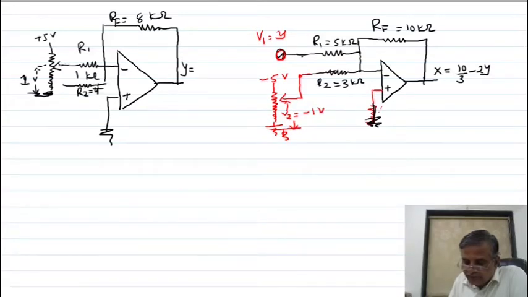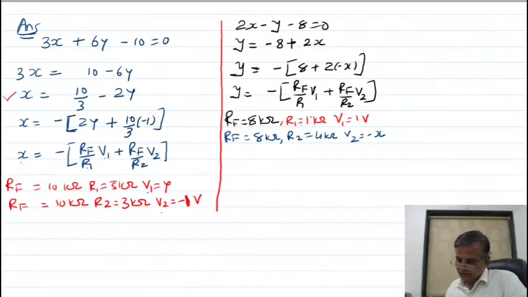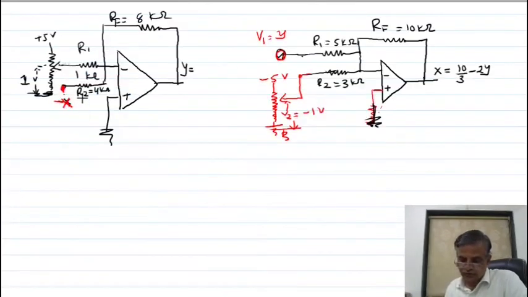We have to keep 4 kilo ohm. And here we have to give the minus x. Check here. I have to give the minus x. This is a 4 kilo. This is minus x.